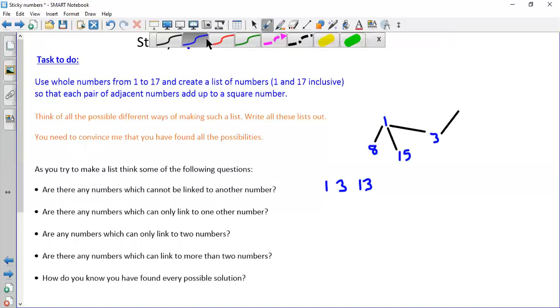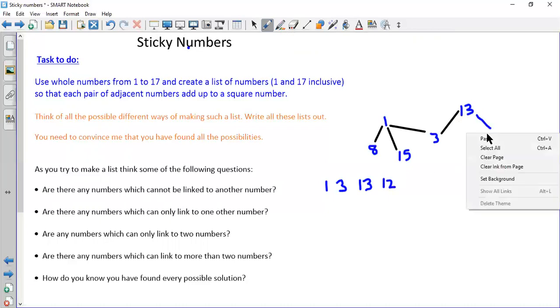So I can write down 13 here. And then so on. And it carries on. What will I add to 13 to get another square number? Let me think about it. Can I write 12? Because 13 plus 12 will give me 25. So I can actually write down 12 here. And so on. And the list carries on.